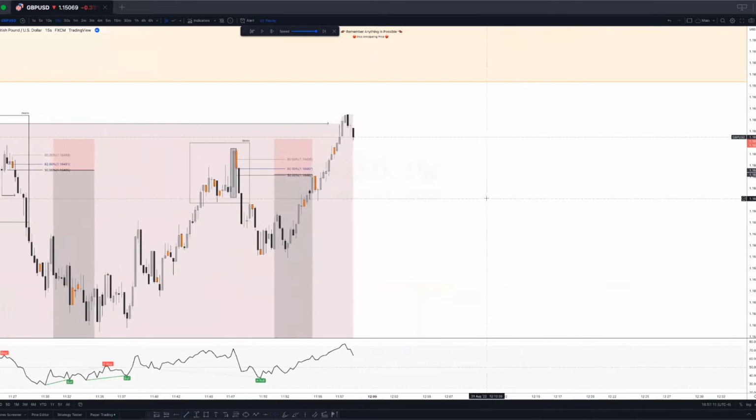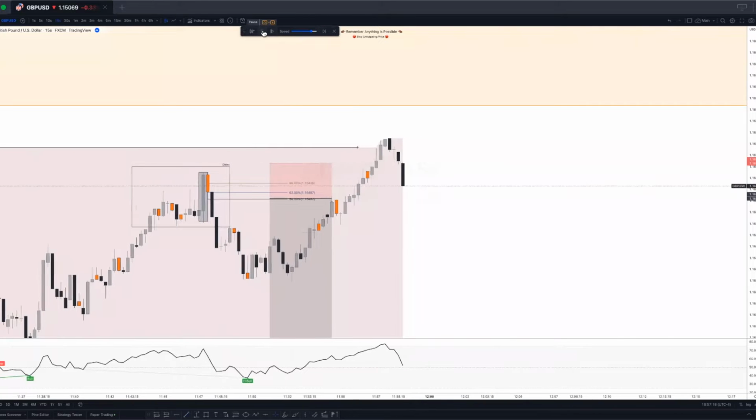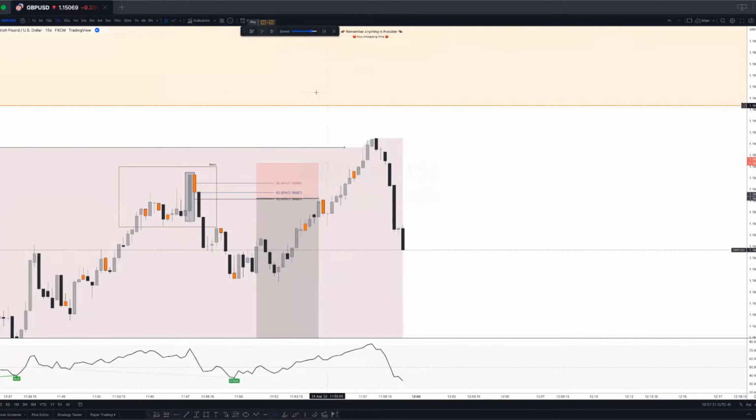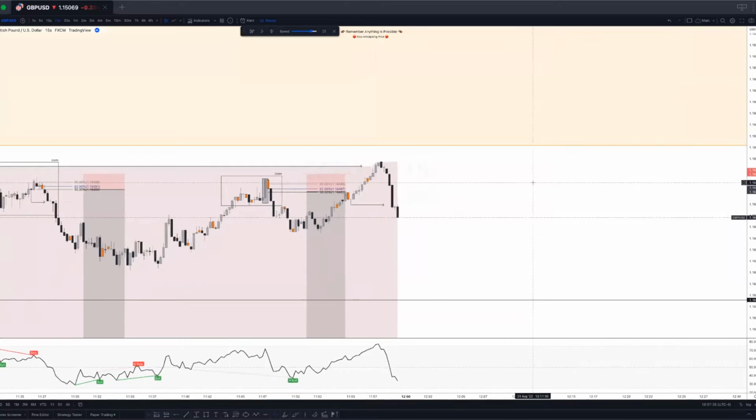And what am I looking at? Let's play it out. This was a low that was broken. Low that made that high. That's broken.